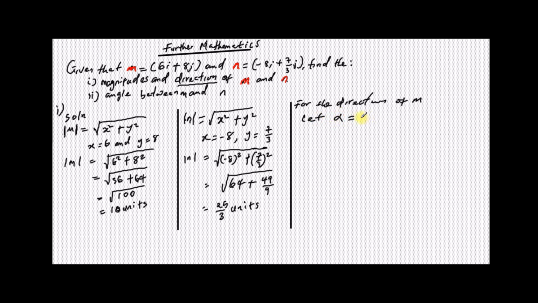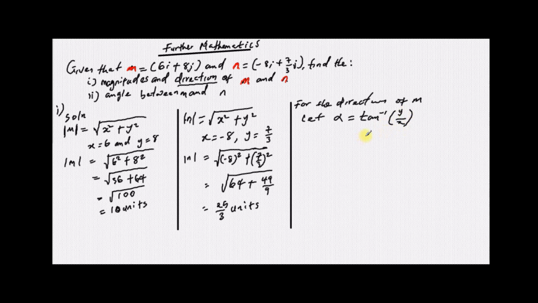So alpha will now be tan inverse of y over x. That is the direction formula. I'm going to show you how to use it and what y represents and what x represents.